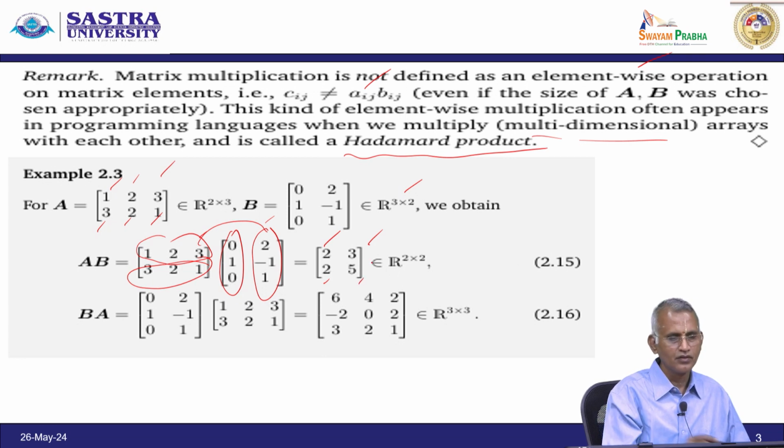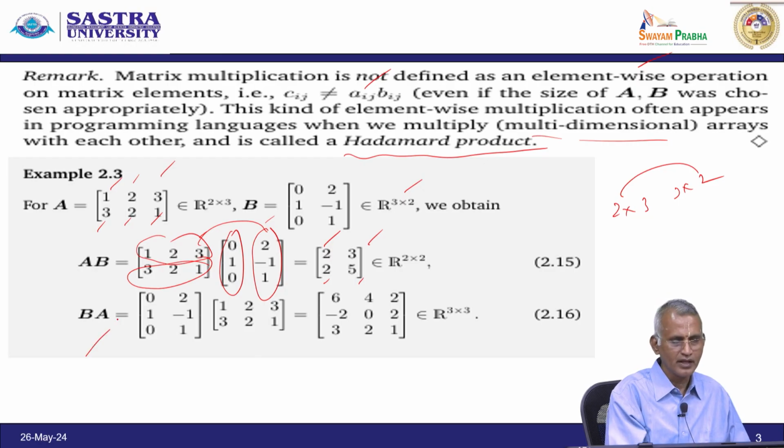Now, the first one is 2 cross 3, the second one is 3 cross 2, therefore the net value is 2 cross 2.